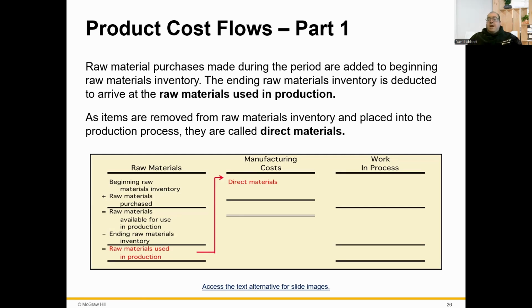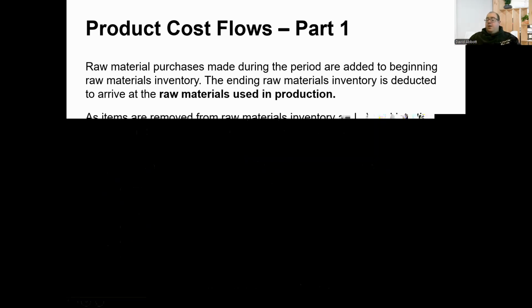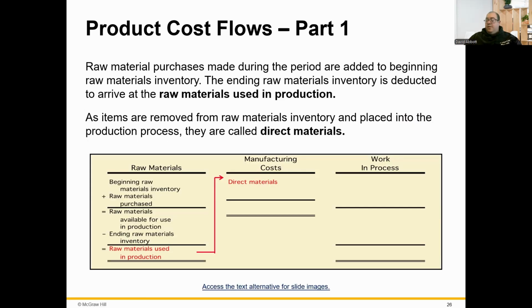To create a schedule of cost of goods manufactured, as well as a balance sheet and income statement, it is important to understand the flow of product costs. Raw material purchases made during the period are added to beginning raw materials inventory, and the ending raw materials inventory is deducted to arrive at the raw materials used in production.